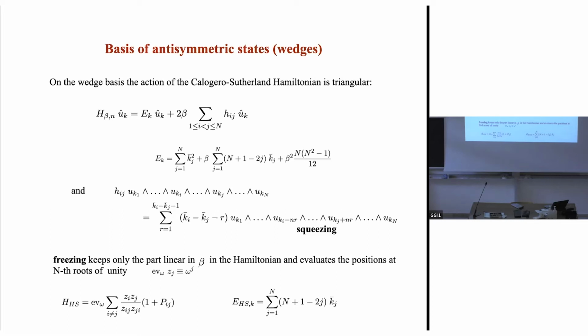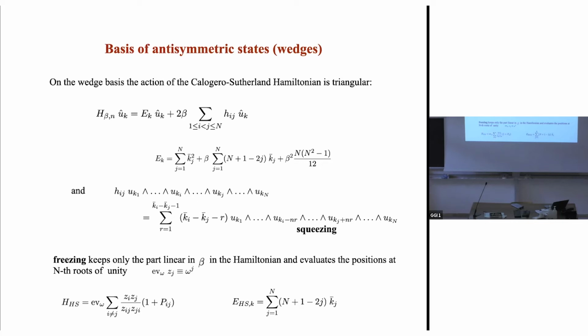The second part of the action of the Hamiltonian is as follows. If you take a pair of sites i and j, the action of this bilocal term will diminish the momentum of one wedge by r, and it will increase another one, so that they become closer to each other.